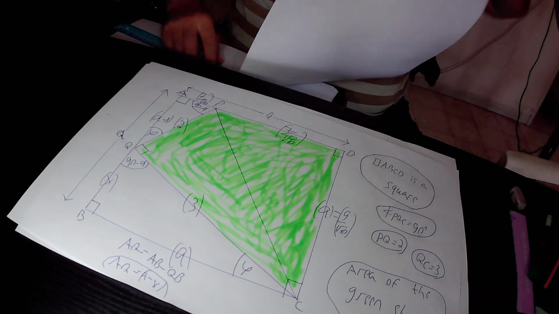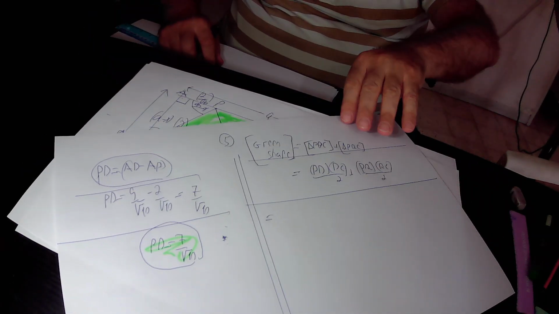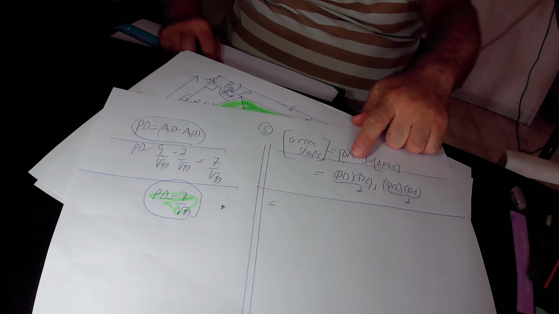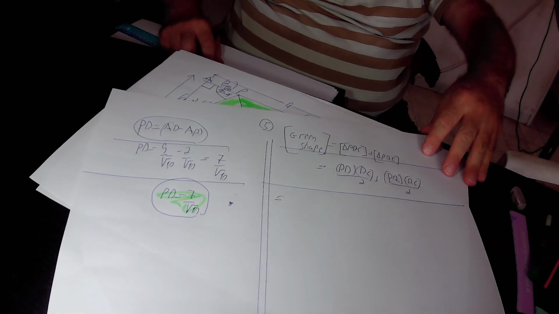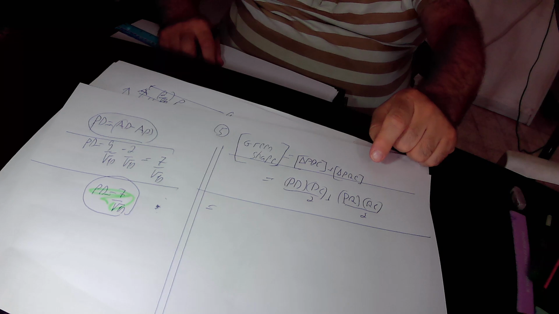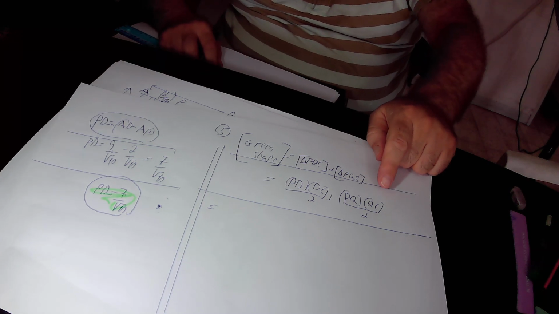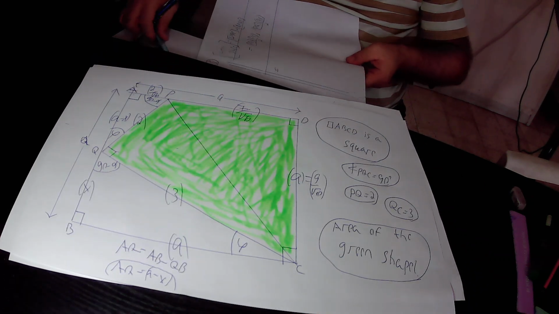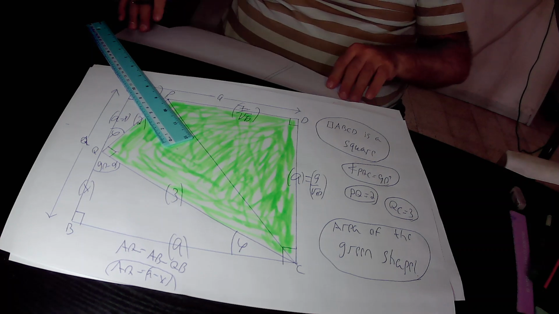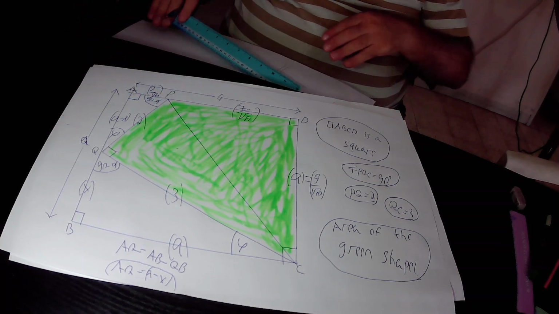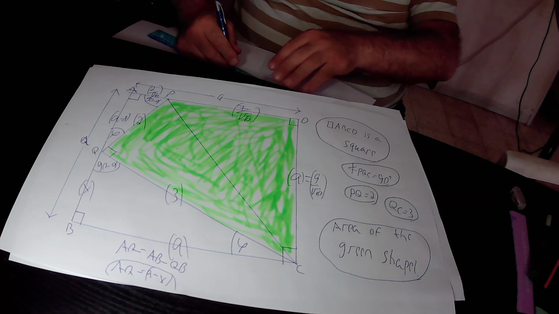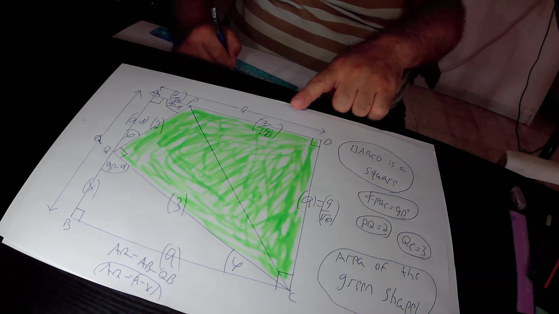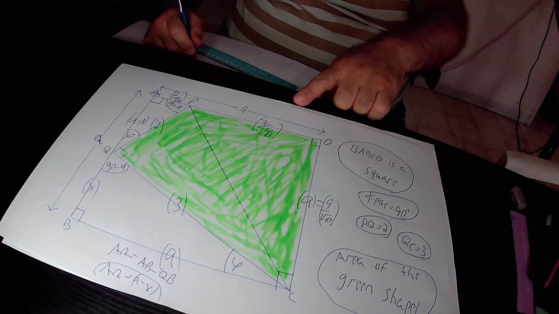So remember that the area of the right triangle PDC equals the base PD times the height DC over 2, and the area of the right triangle PQC equals the base PQ times the height QC over 2. PD equals 7 over square root of 10 units in length, times DC.